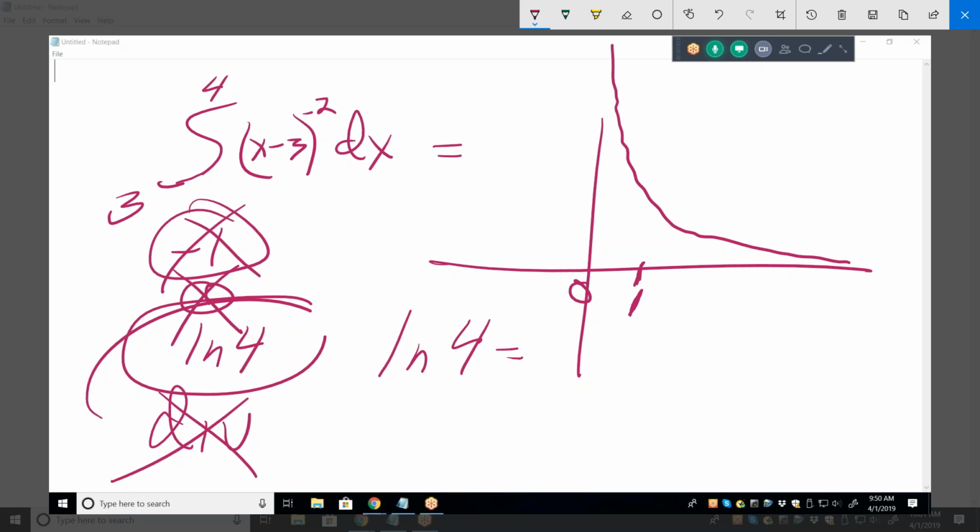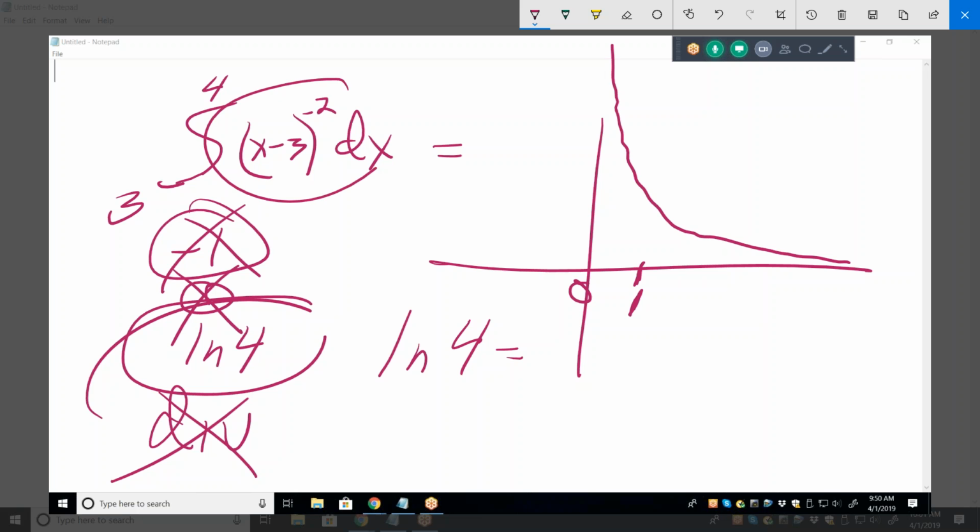Well, that number has to be greater than 1. Yeah, natural log of 4 is 1.3. Yet from our picture, when x is 4, okay.